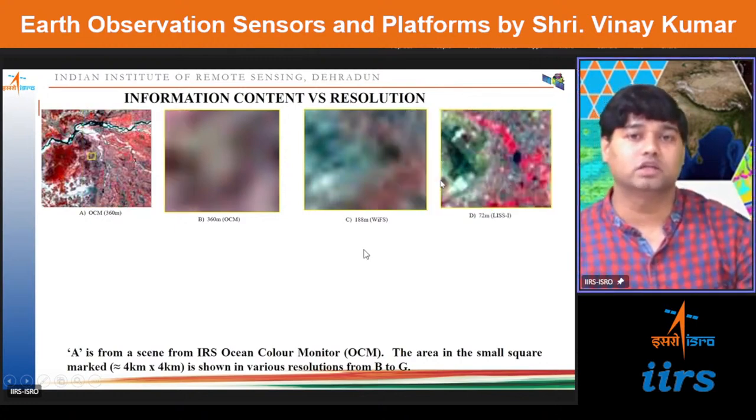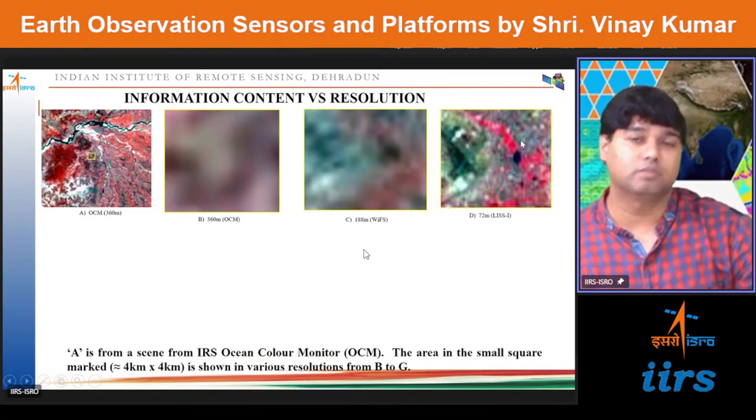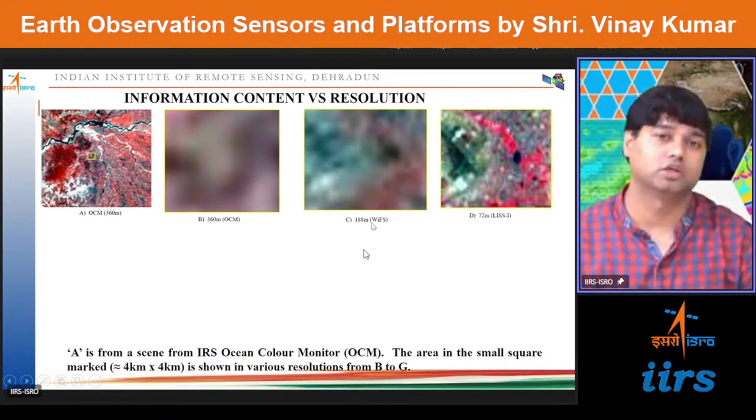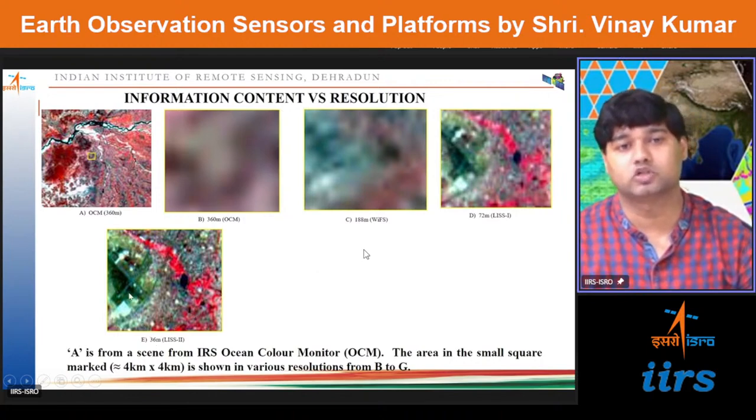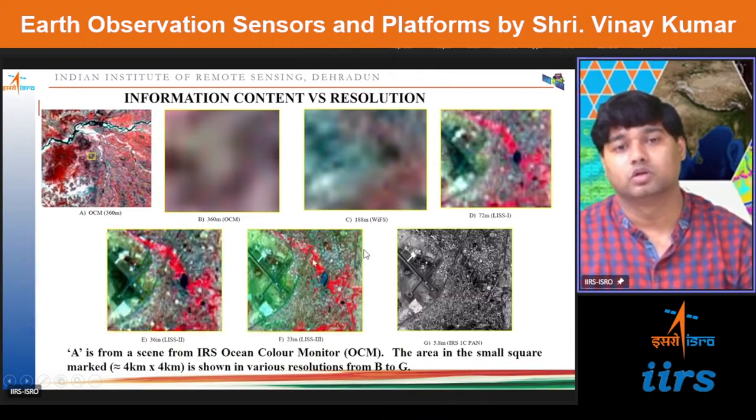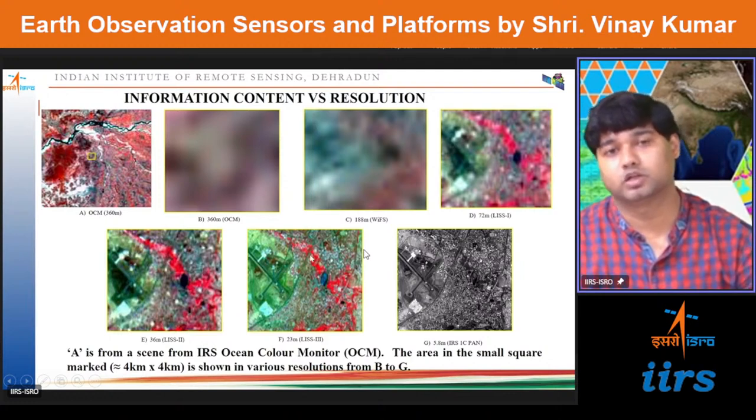With 72 meter resolution data, the information is a little better compared to 188 meter. Then at 36 meter resolution, we started observing a kind of airstrip, vegetation, urban feature, but still not clear. Now you can see this multispectral.